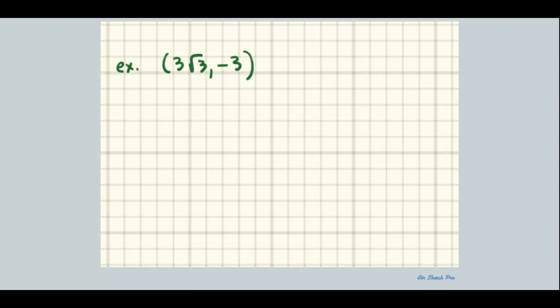Thank you, Anthony. I want you to notice something here. What I did is I saw the scalar 3 because I realized this is 3 times (root 3, negative 1).